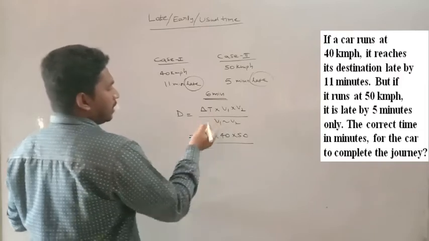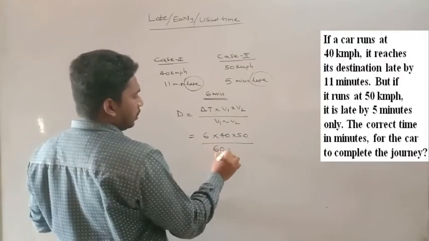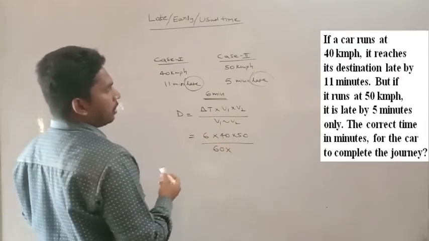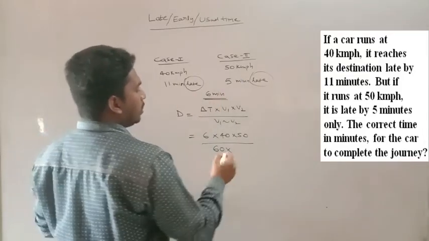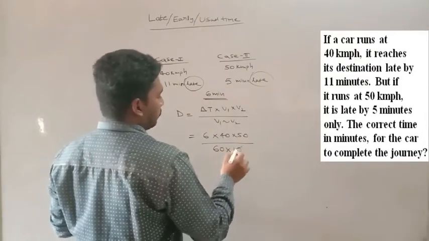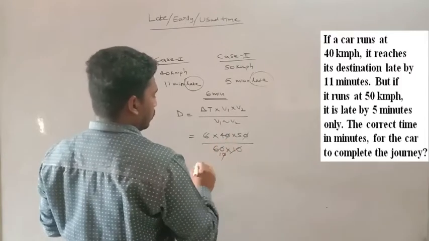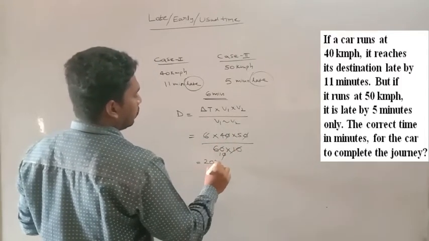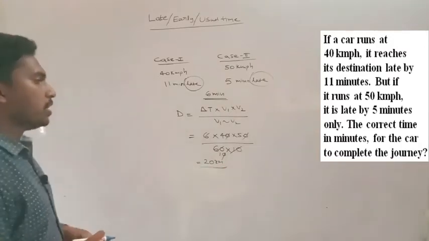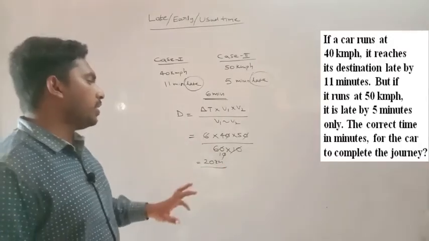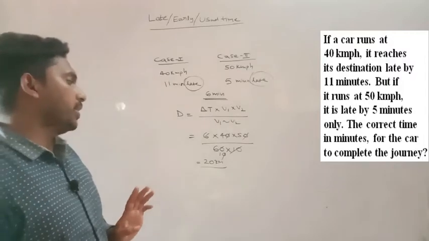Okay, and 6 by 60, right? 60 into the difference of velocities, one is 50, one is 40, that is 10. Okay, so now this will be 20 kilometers. So the distance between the origin and destination is 20 kilometers.